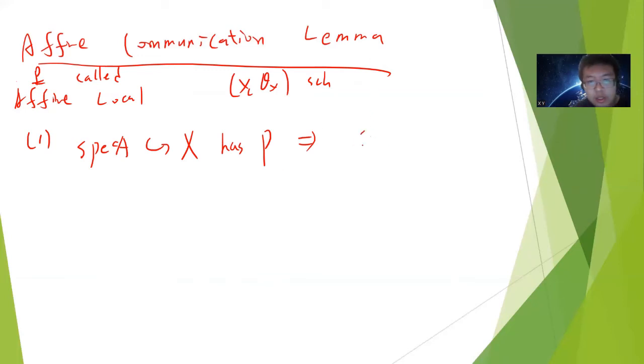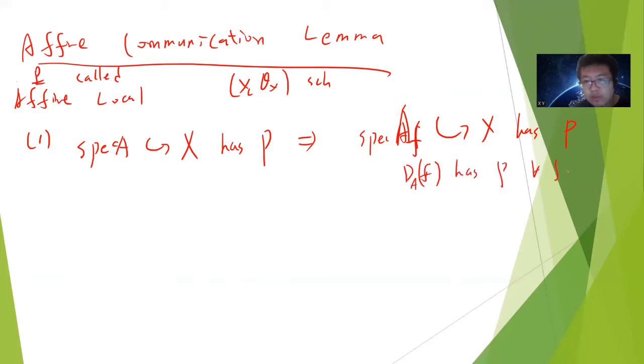So basically it says that Spec A_F has P. Or another way of saying it, each small distinguished open subset D(F) of Spec A has property P for all F.